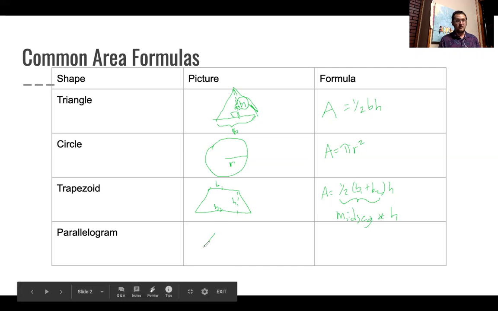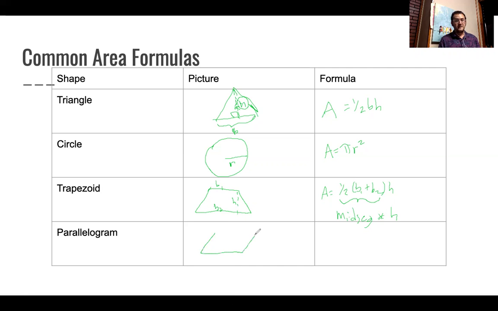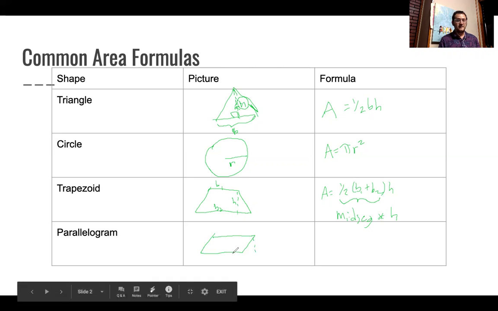All right, and then the parallelogram, kind of similar to the rectangle formula, except we get really particular here with the height. It's not the slanty, it is the straight up and down perpendicular, and we'll call that side the base.